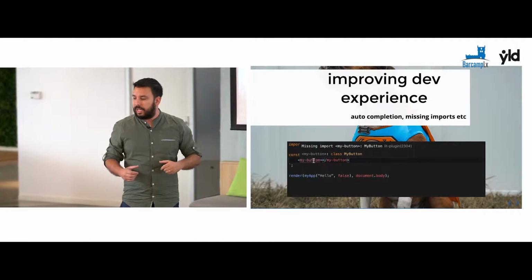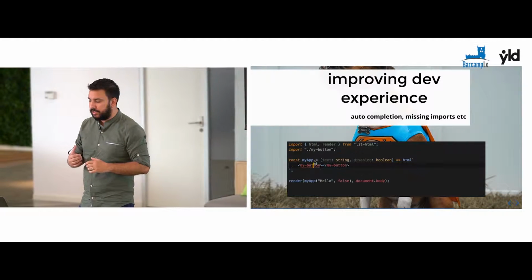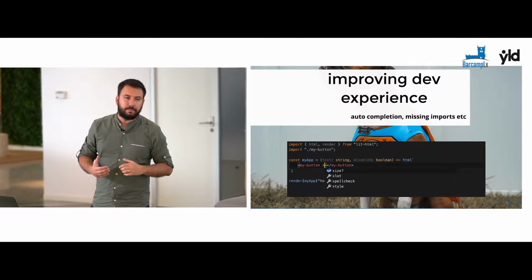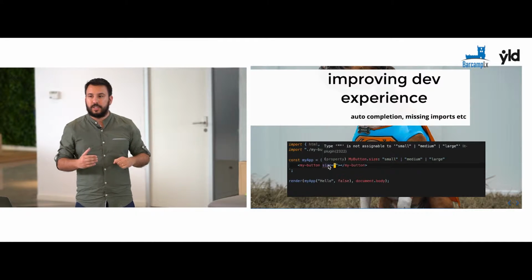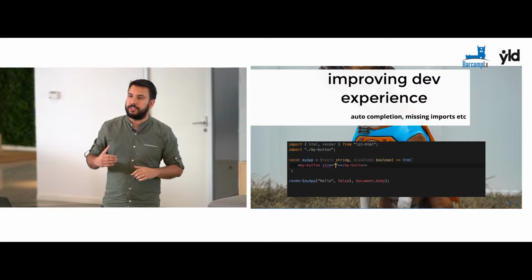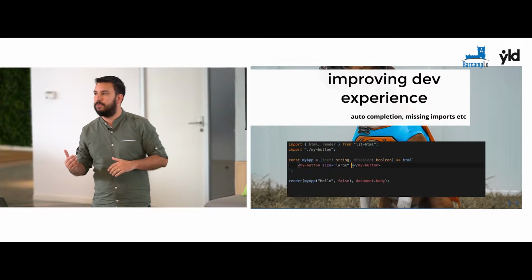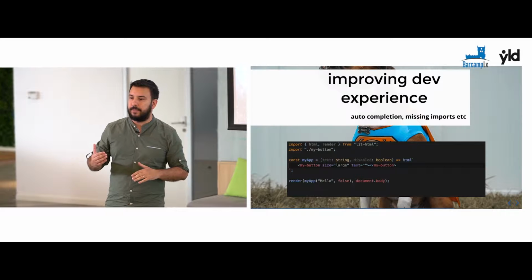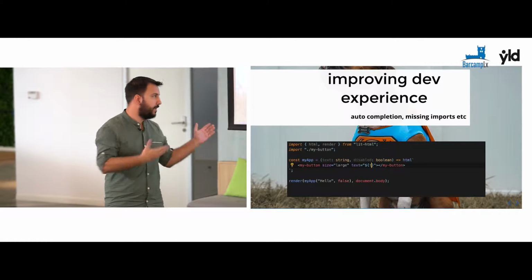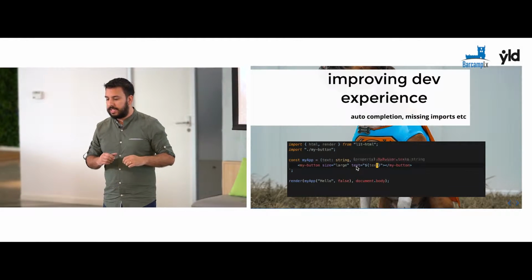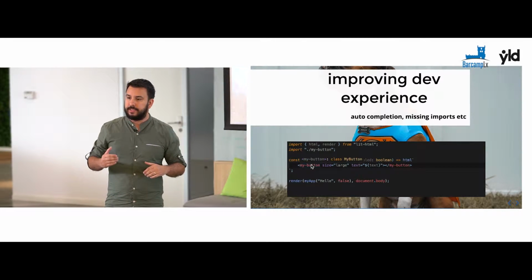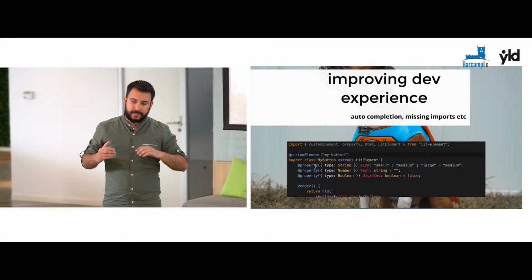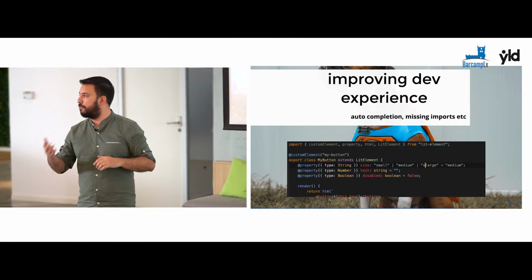One thing that I missed most when I came from React and started working with web components was linting, importing, and saying what properties we have in a component, or an element in this case. The problem is that when you are importing a web component, you don't have an export.